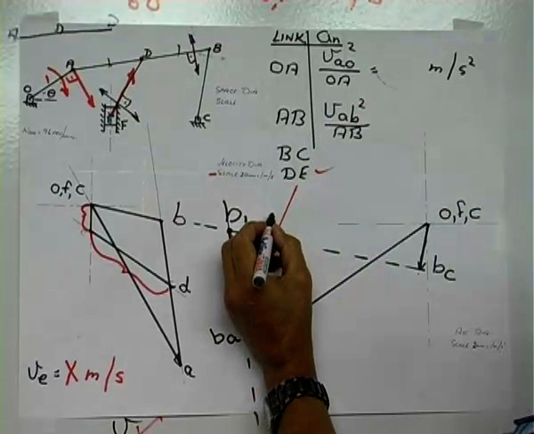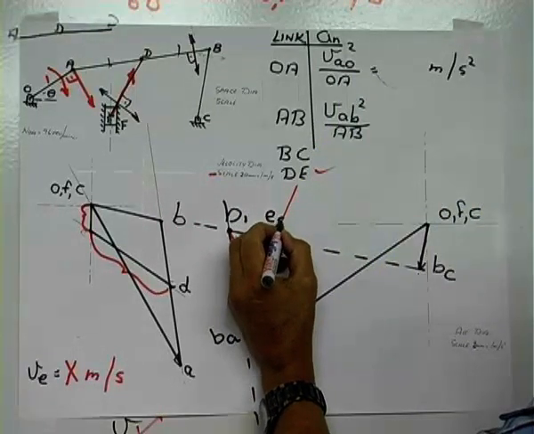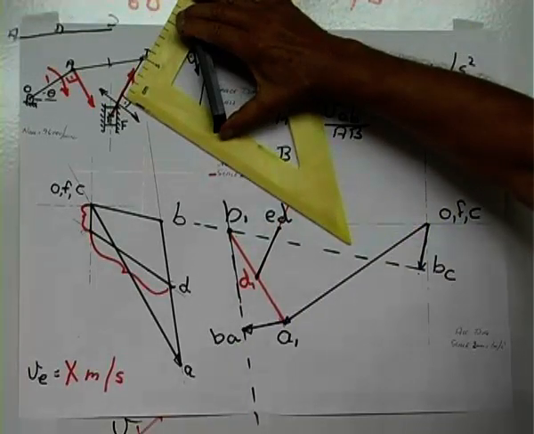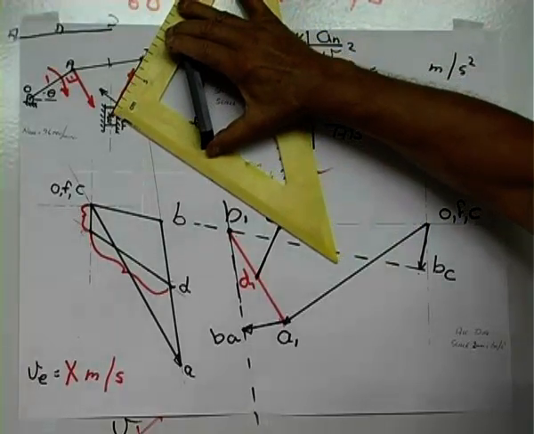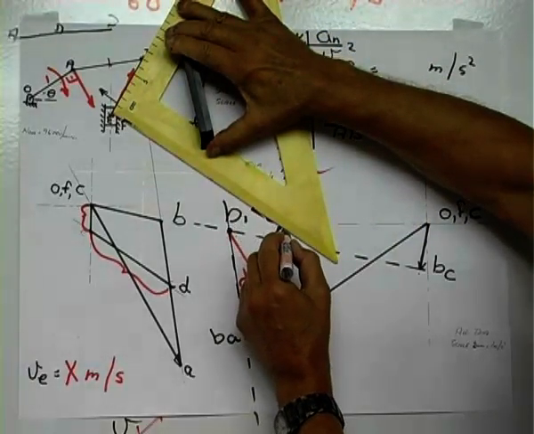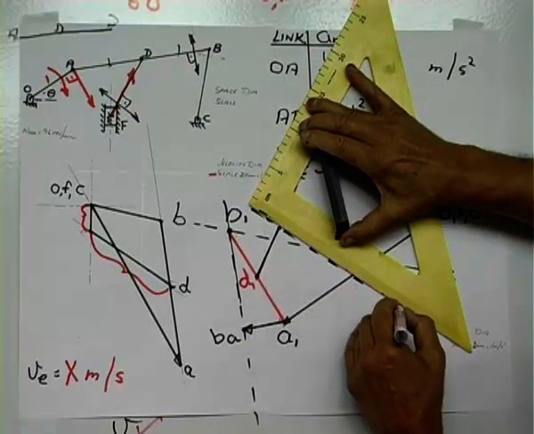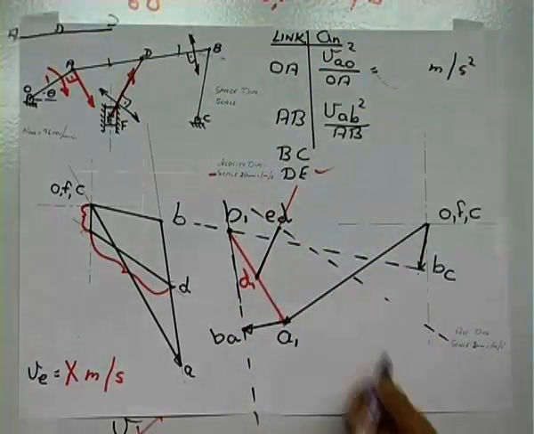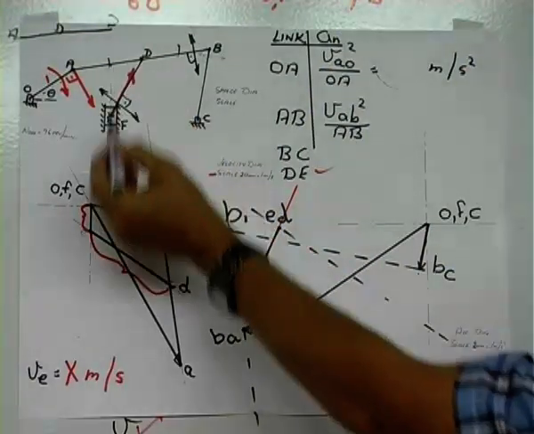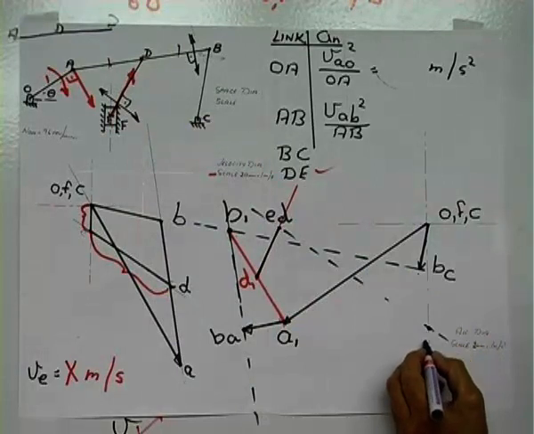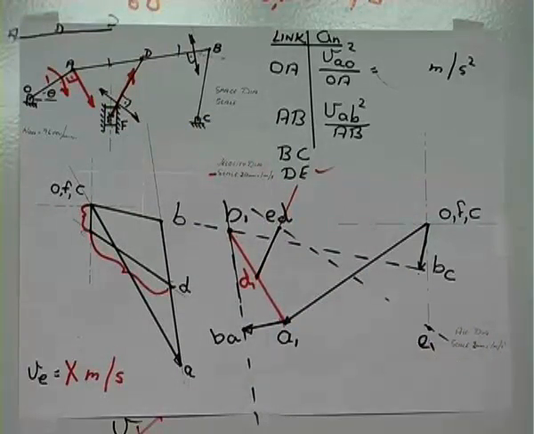So that point will be E relative to D. Tangential acceleration will be this one. Remember, we use dotted line for the tangential acceleration. And we know E is restricted to accelerate on the vertical axis. So on my vertical axis, you can plot E on your acceleration diagram.